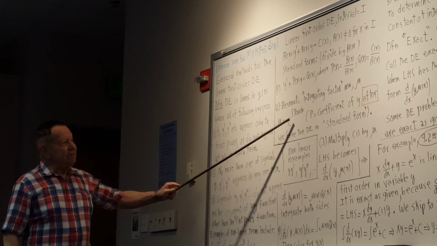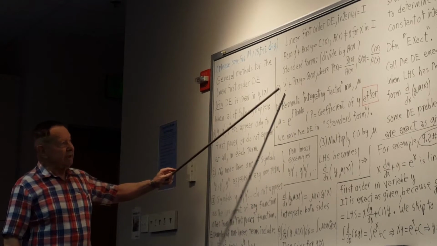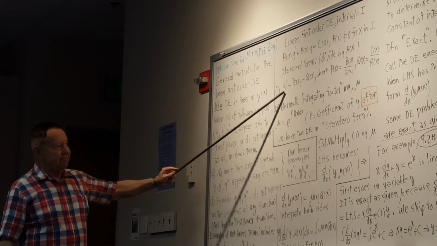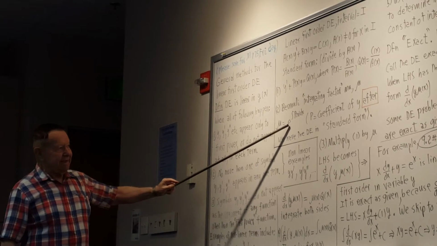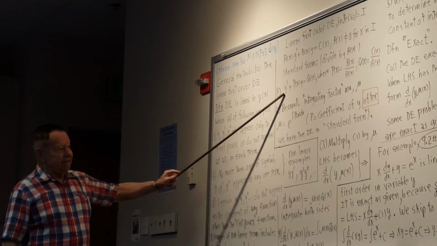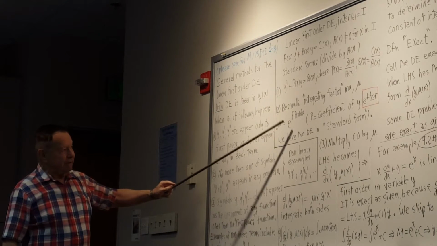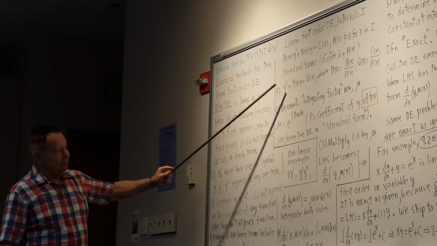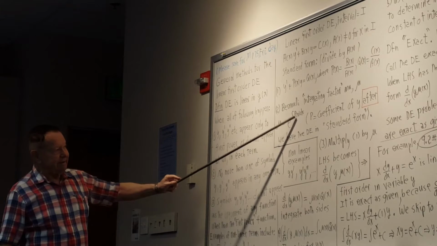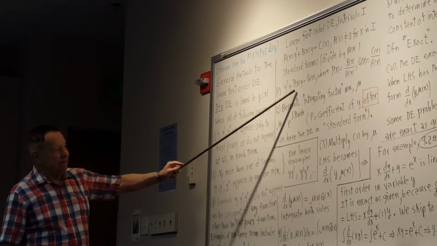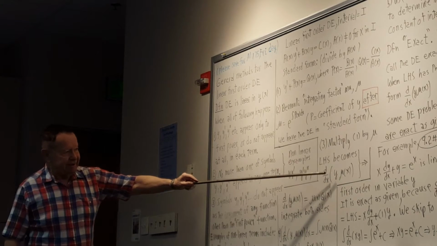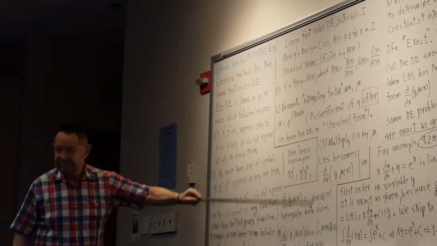And if you do that, and then multiply all terms in the standard form by e to the integral of P, your left-hand side, which would be this e to the integral of P times y prime, plus this e to the integral of P times y, is always the derivative of a product.